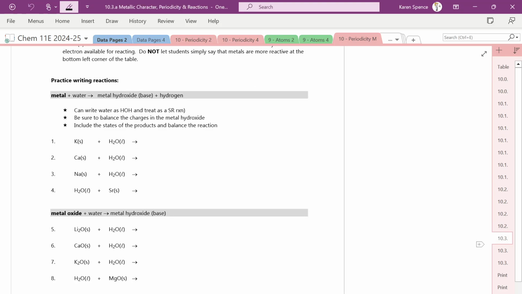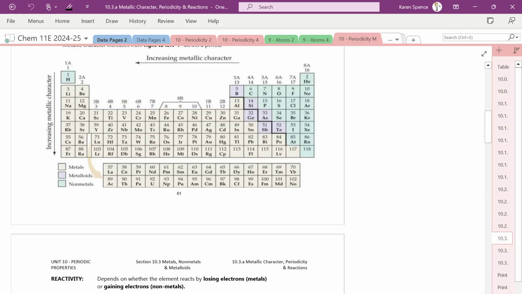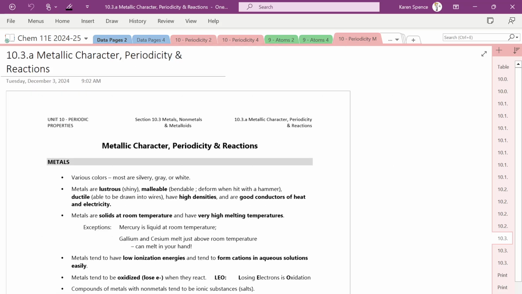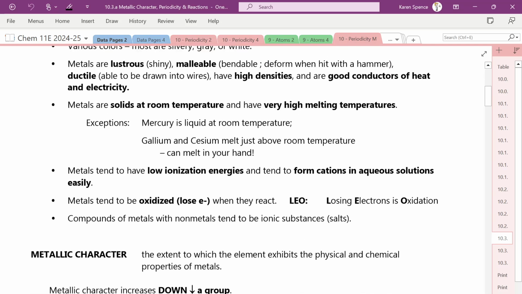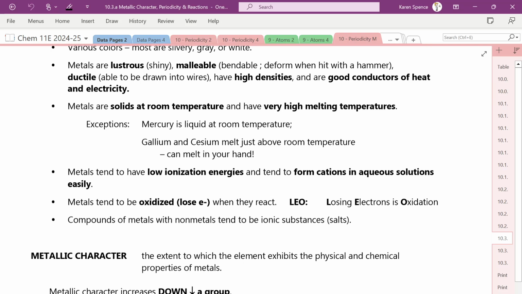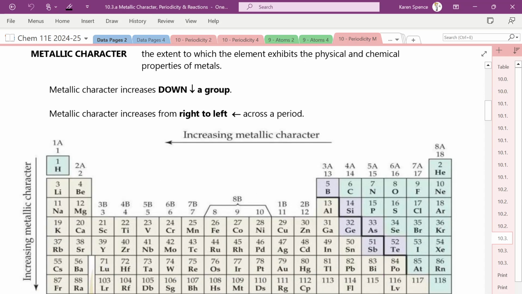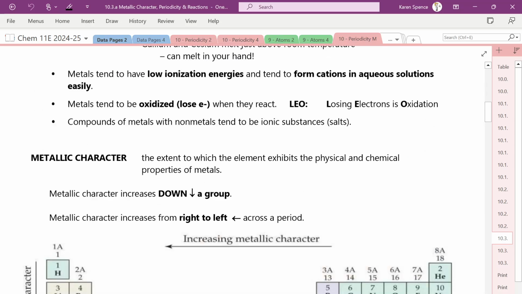Technically, we still have a little bit left here, but I don't think they're that important when it comes to the AP exam. Metals have low ionization energies. They're over on that side of the periodic table. You should know that. This is page 61.